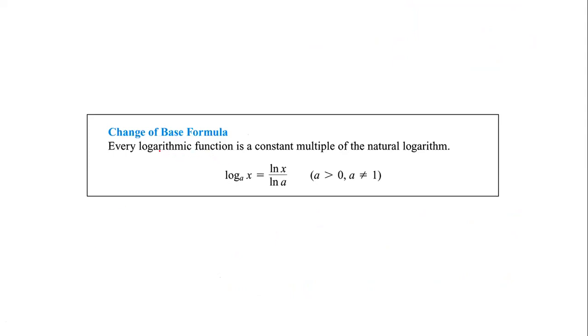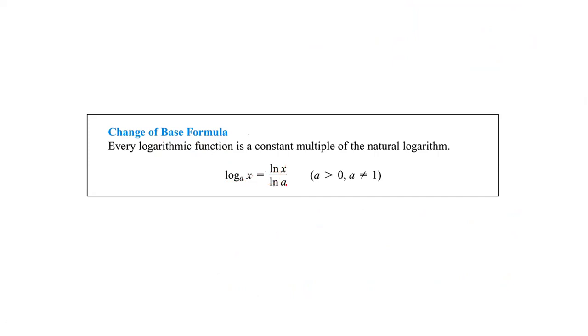Now, here is going from log to ln. Log to the base a of x equals ln x over ln a. That means you can change from any base to the natural base.